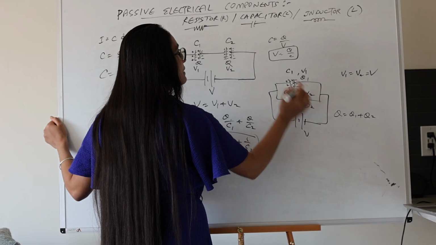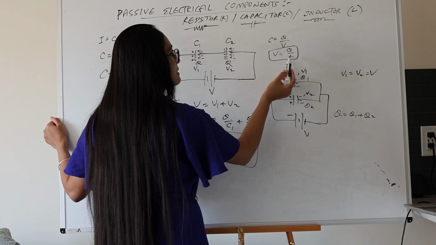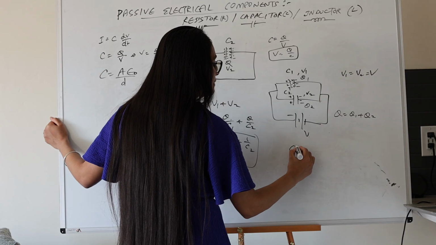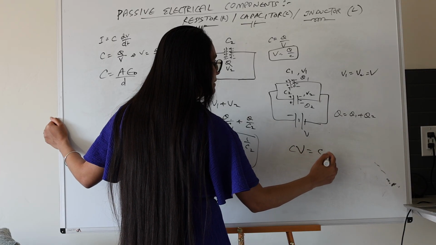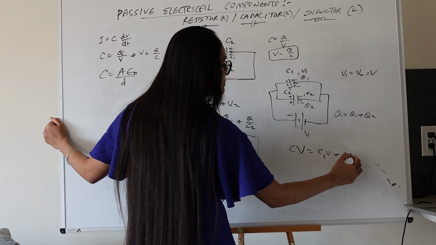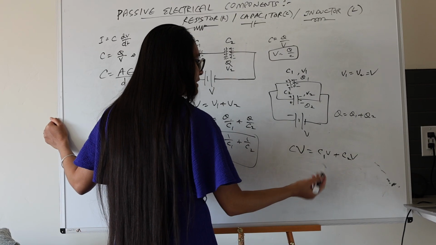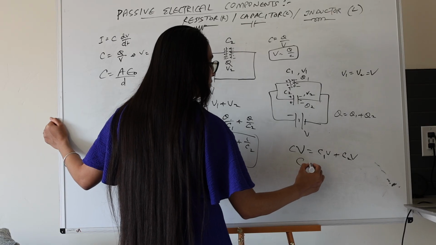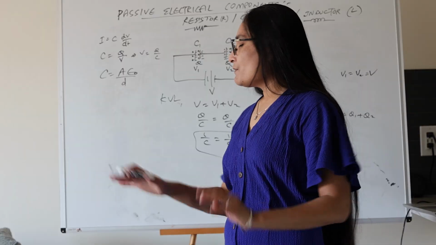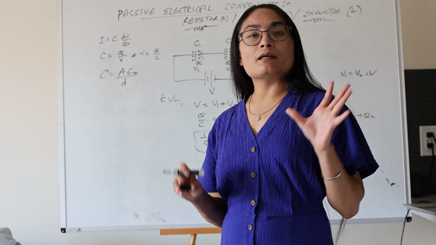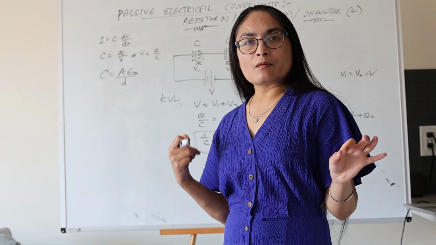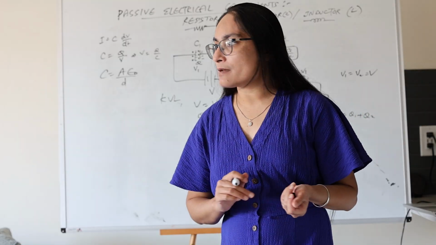We can write Q in terms of C and V as C times V. So we get CV is equal to C1 V plus C2 V, and we can factor out V and cancel, and we're left with C equals C1 plus C2, and that's the result. If you just want to remember, just remember what we learned for the resistors, and for the capacitors it's just the opposite of that.